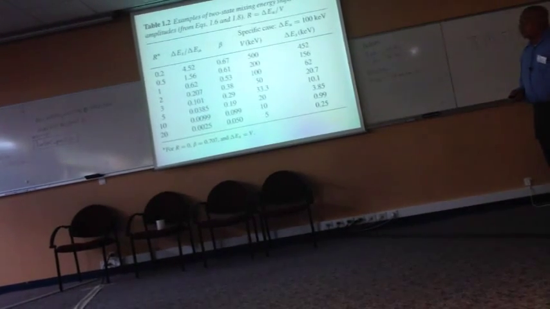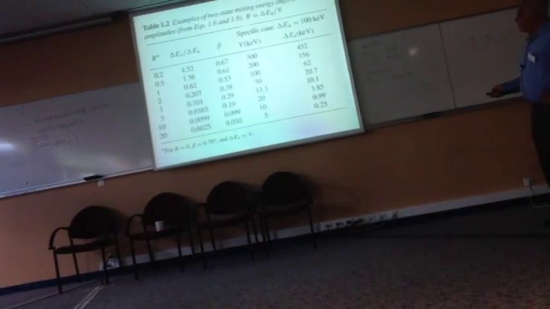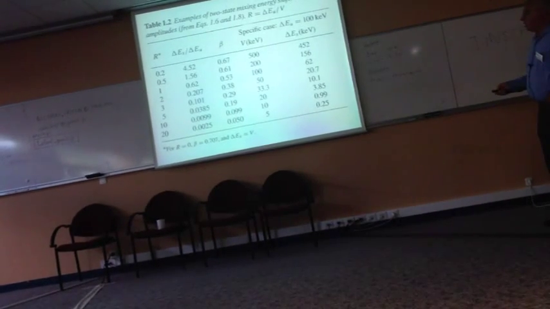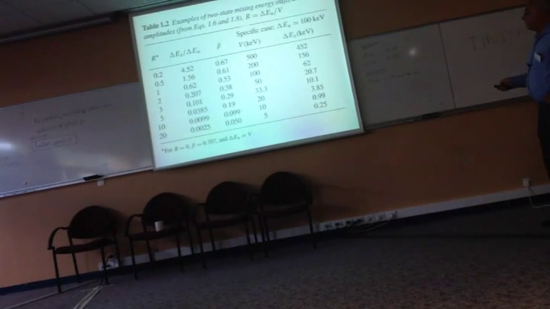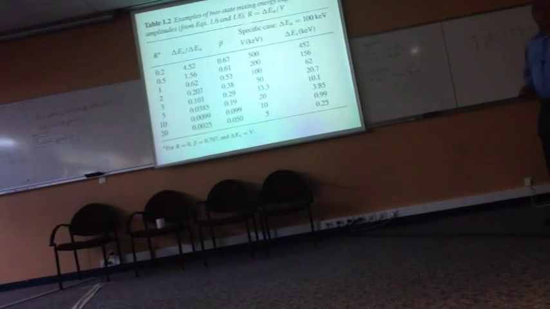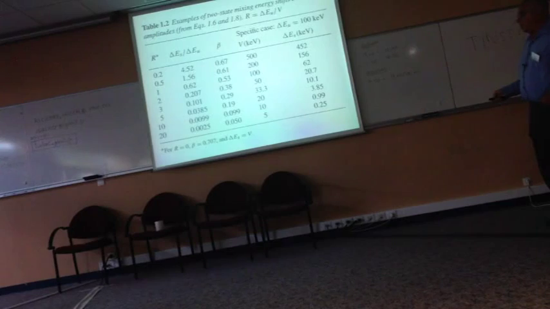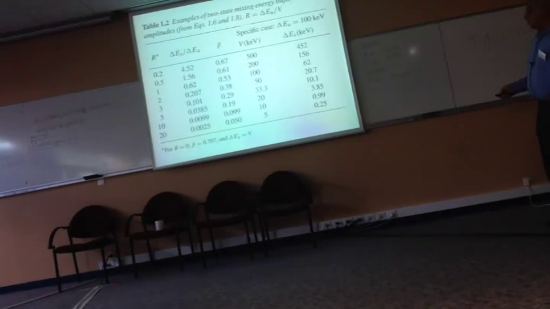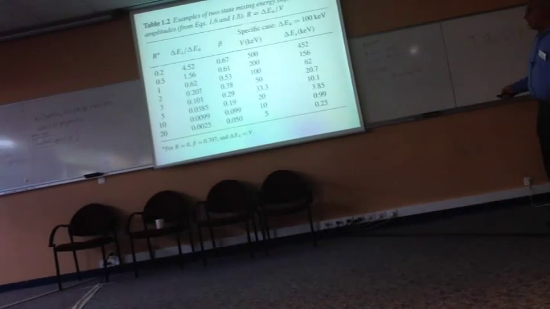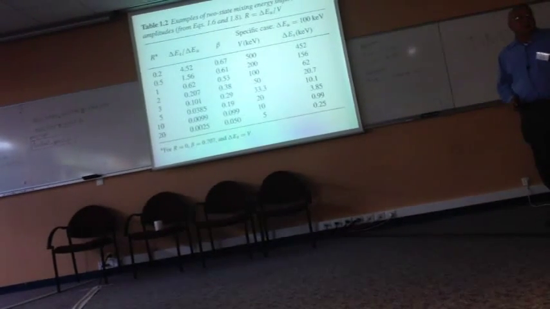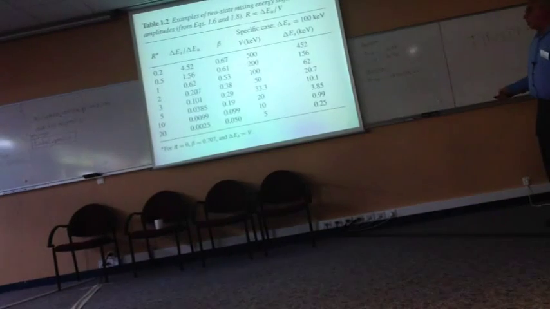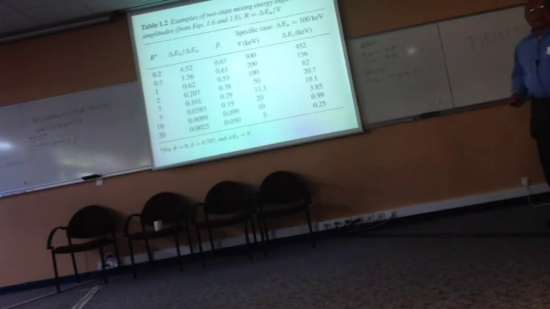That's a huge mixing. If I take R of 1, the wave function amplitude will be 0.53, and the levels will each move 62 kilovolts. If I take an R of 10, the wave function amplitude is 0.1, and each level will move 1 kilovolt. And you can fill in any other numbers you want here. This gives some nice examples.